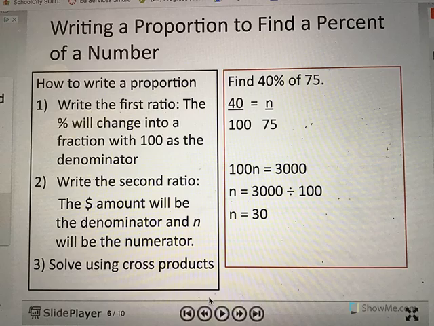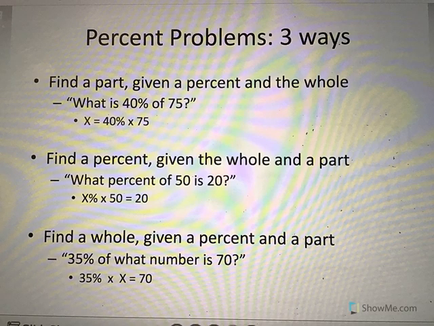All right, we can set them up algebraically. So we have to know what words mean. So notice, what is 40% of 75? If we don't set them up with the proportion, we need to know how to translate. So what is a variable?